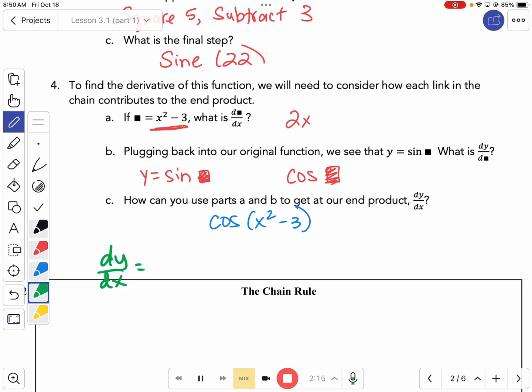Any thoughts? No. It's Friday, we're tired. We would take that first derivative times the cosine of our black box.